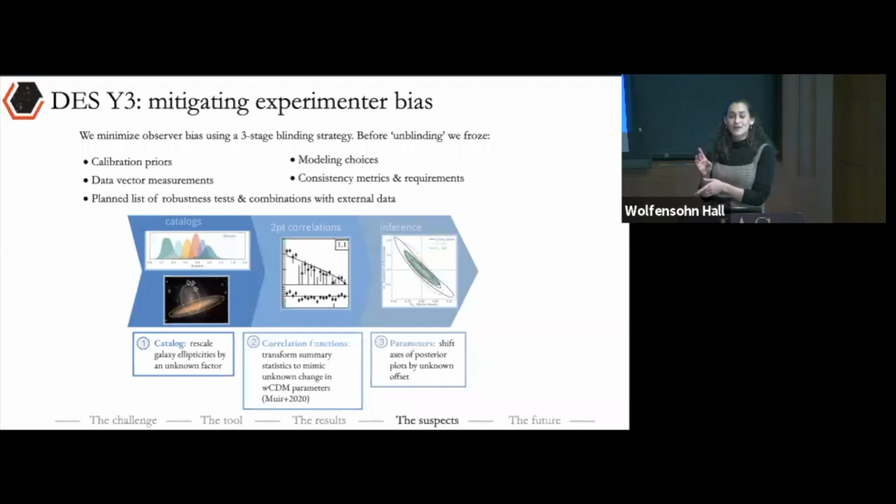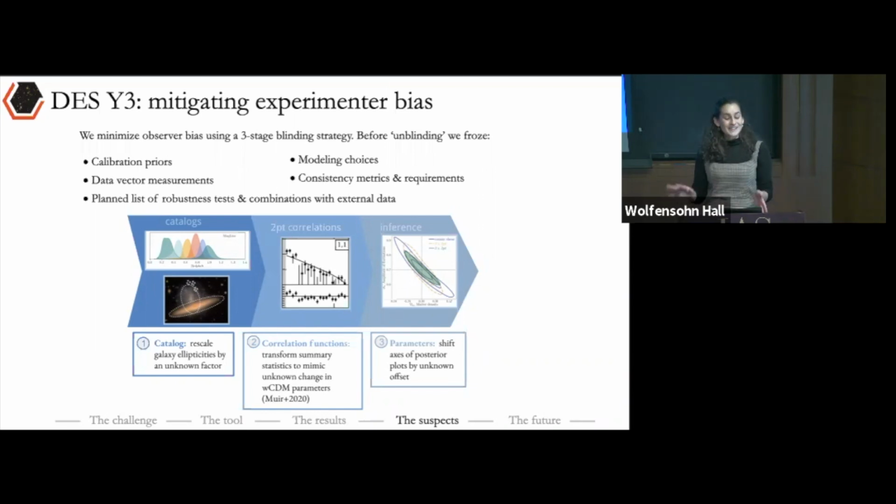So for example, in our modeling, we couldn't see that the NLA model gives an even better chi-square than our TATT model. If anything, it's more aggressive, but as good a fit. So we couldn't see that and just pick the simpler model to get the most out of our data. We had to make absolutely conservative choices. We also couldn't look at the relative sizes of contours with analysis variations to make decisions.